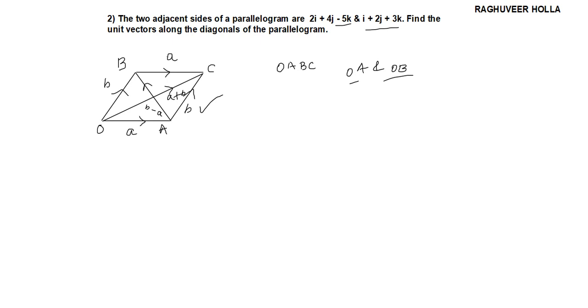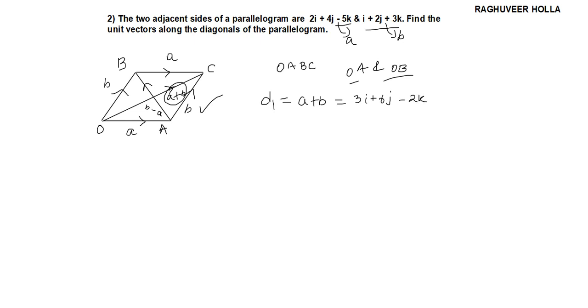Now if I consider this as A and this as B, and consider the diagonal D1 as A plus B, looking at this diagram, if I add these two vectors, I get 3i plus 6j minus 2k.